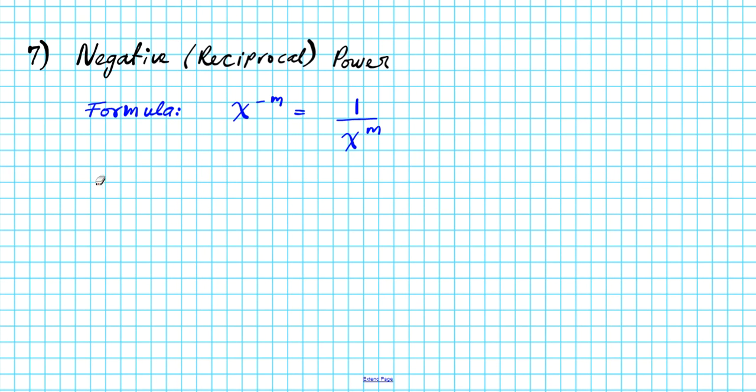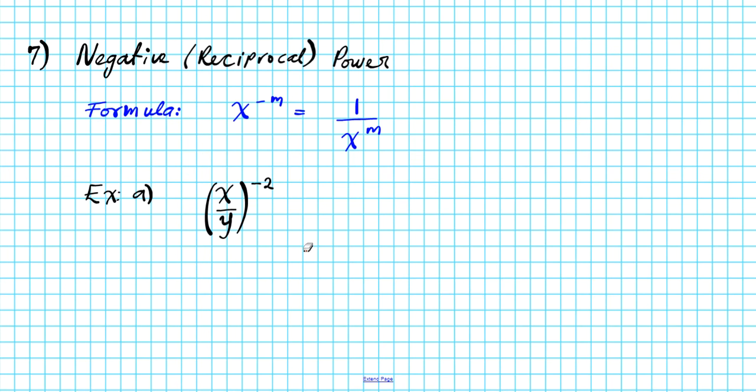Now let's consider an example, actually two examples. Let's start with an algebraic example. What if we have x over y raised to the negative 2 power? Okay? So let's see what we can do here.